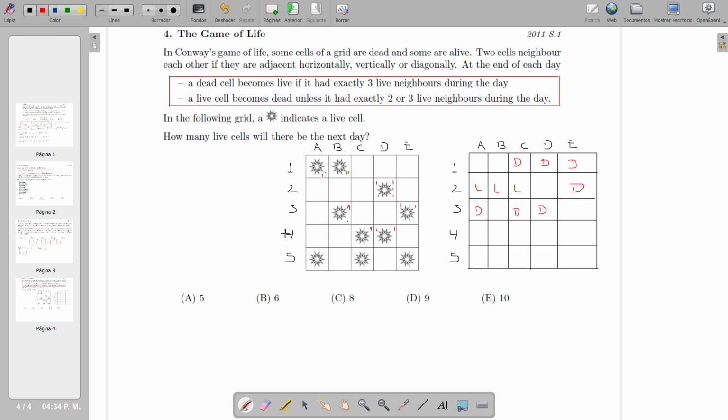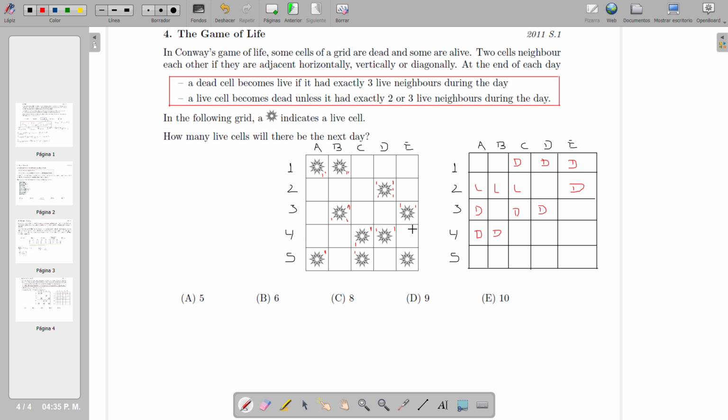Let's move to the fourth line, and cell A4 has 1 and 2 live neighbors, so this cell will be dead. Cell B4 has 1, 2, 3, and 4 live neighbors, so this cell B4 will be dead as well.